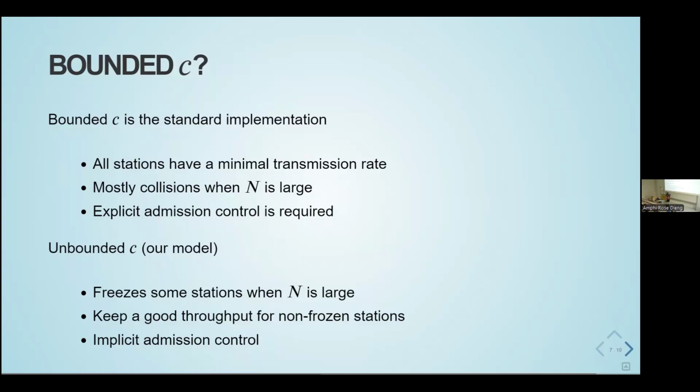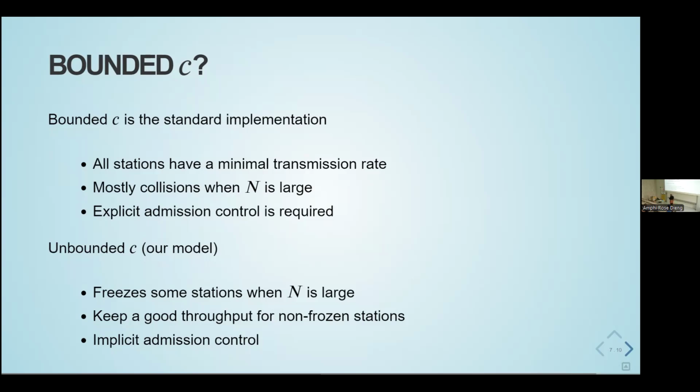And this, I'm almost finished, makes me go back to how Aloha is currently working. Currently, Aloha has a bounded value of C. You cannot go arbitrarily large. So that means if you have many, many stations and they want to speak a lot, basically they will all reach the maximal contention window and they will all speak at the same time, and it will be all cacophony and all collisions.